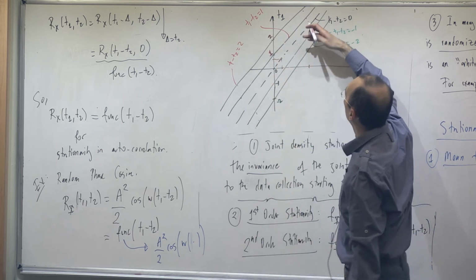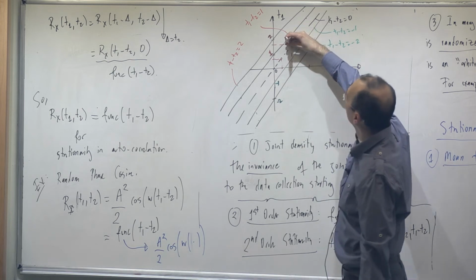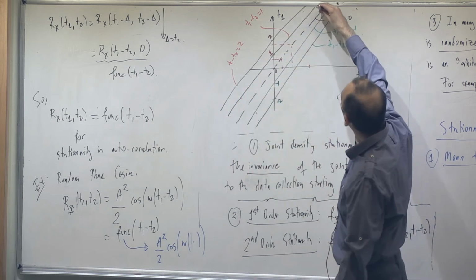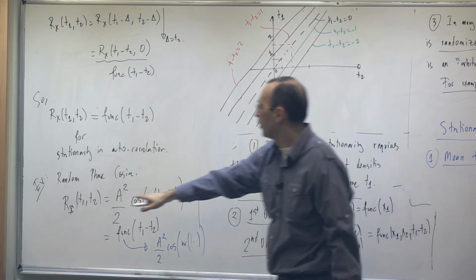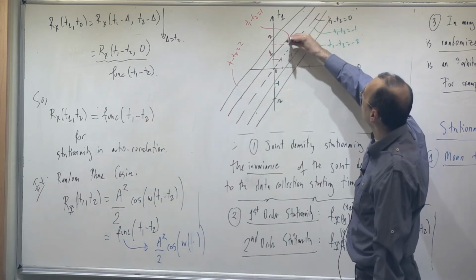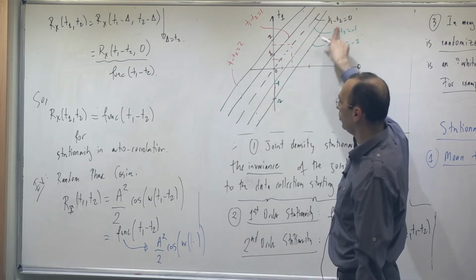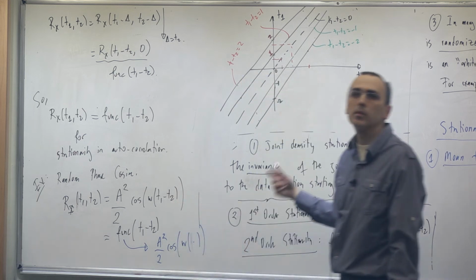How about 3/2, 3/2? It's also 1. Okay? So you see that this Rx function, with 2 degrees of freedom, doesn't change over these lines, because over these lines T1 minus T2 is constant. That is the idea.